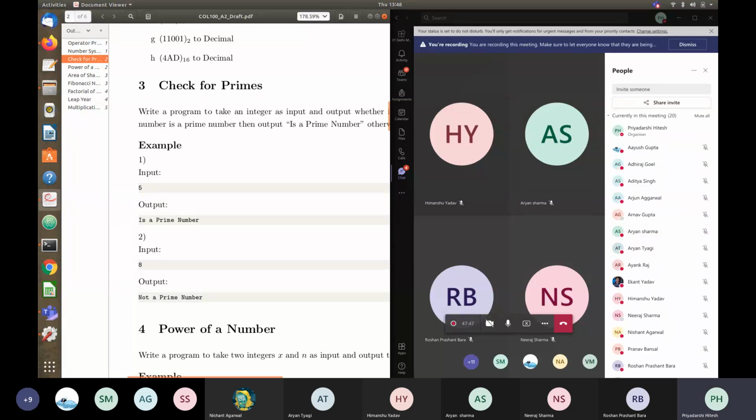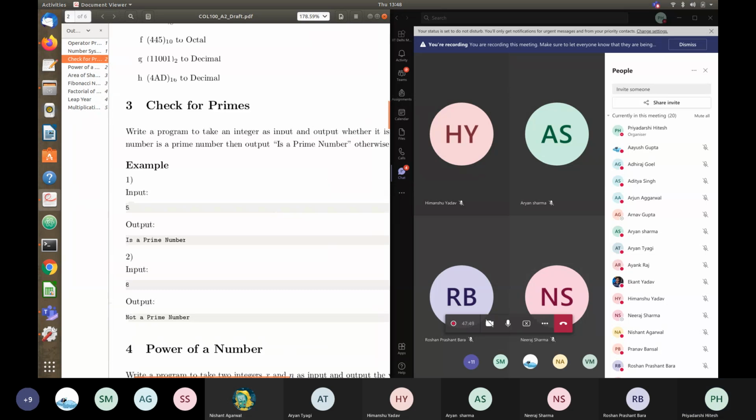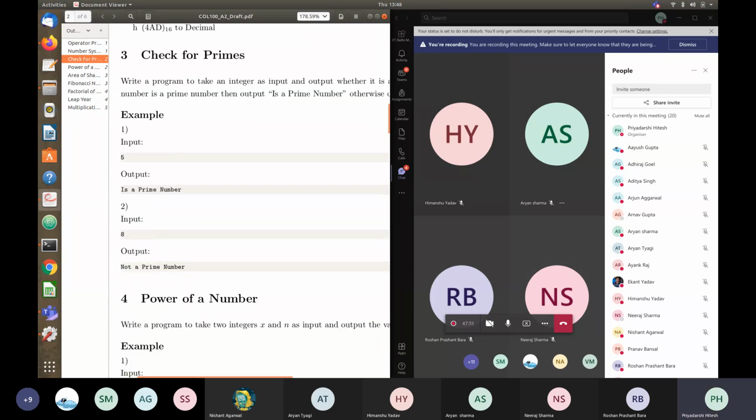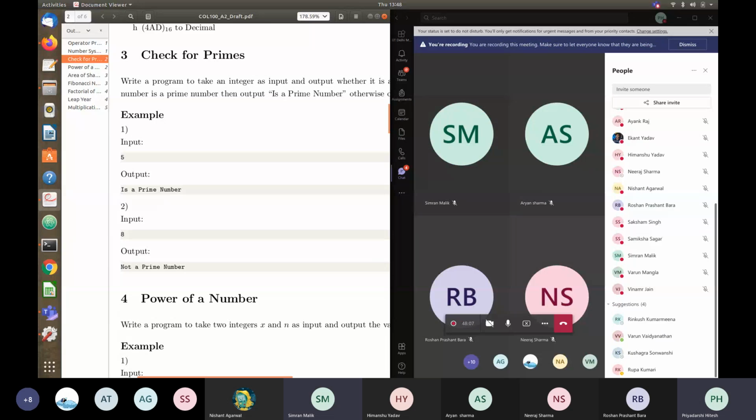Nobody is answering. Have you studied for loop, while loop, any loop in your class? Yes, sir. So I think if I use a for loop, it would be okay with you, right? Yes, sir.